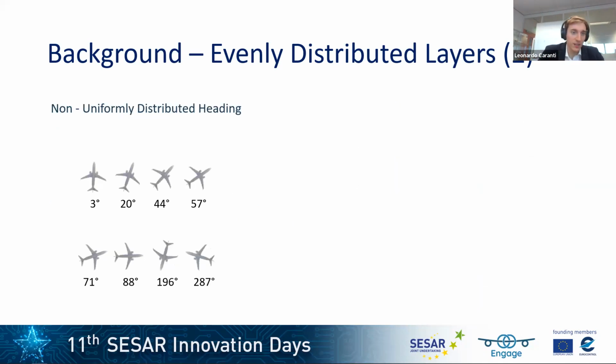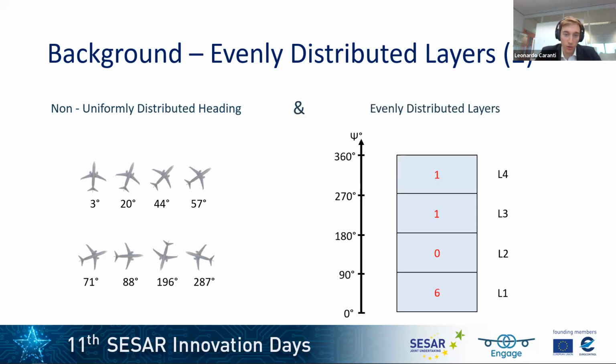However, let's take a set of 8 aircraft which is not uniformly distributed. You can already see that 6 out of these 8 aircraft are between 0 and 90 degrees of heading. This is also reflected in the assignment for each layer. Some layers have very few aircraft, and some layers have many. Again, intuitively, this probably is not an optimal case.